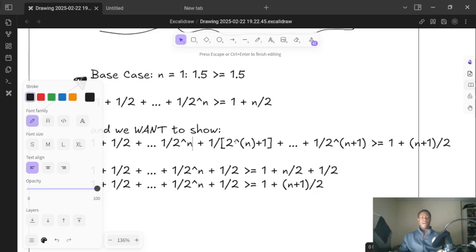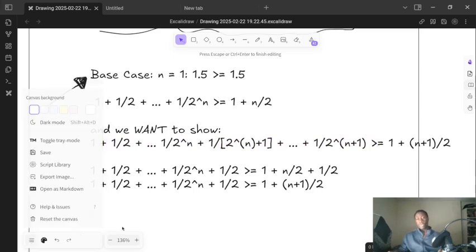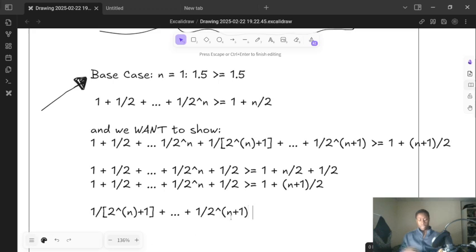So now the natural next step is to try to show that this here is greater than or equal to 1 over 2, right? Because if I add something and I have an inequality, if I add at least 1 over 2 here, then I maintain the inequality as well.